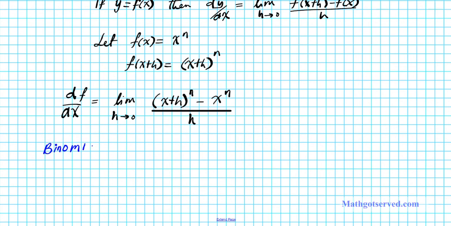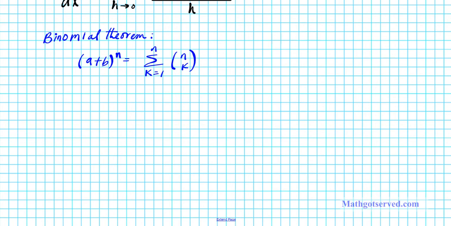If you remember this from algebra 2 or pre-calc, to expand a plus b to the nth power, that's going to be the discrete sum from k equals 1 to n of n choose k, that's a combination. How many combinations of n choosing k at a time can you have? Times a to the n minus k, b to the k.